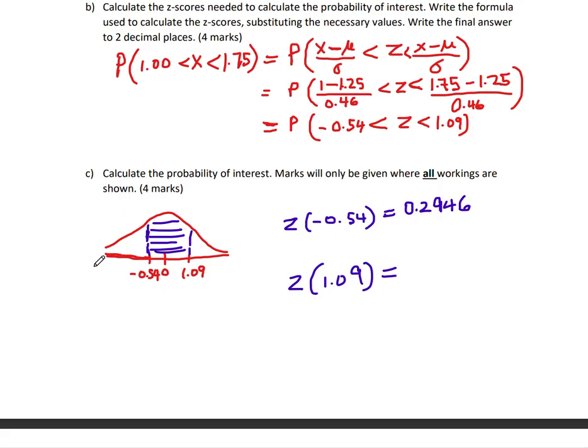So again, when you have an interval like this, for which you want the probability of the area between them, take the table reading for the higher value, which would be 1.09, and also for the lower value, which in this case is negative 0.54, and just subtract the probability associated with the lower value from the probability associated with the higher value.